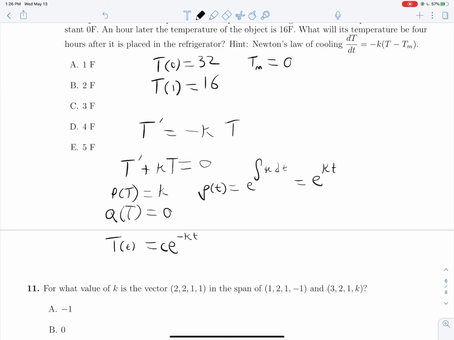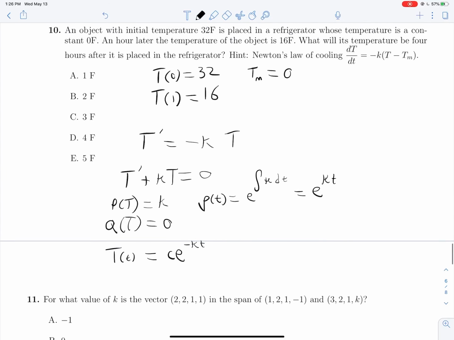So there we go. We get c e to the negative kt.